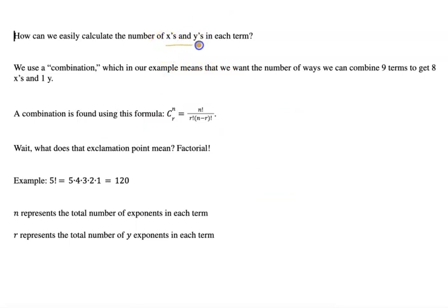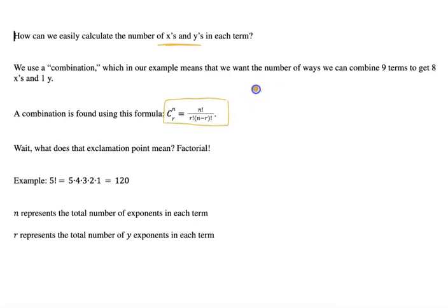What we want to do is calculate the number of x's and y's in each term. So we use what we call a combination, which in our example means we want to combine 9 terms to get 8 x's and 1 y. This is the formula for the combination.